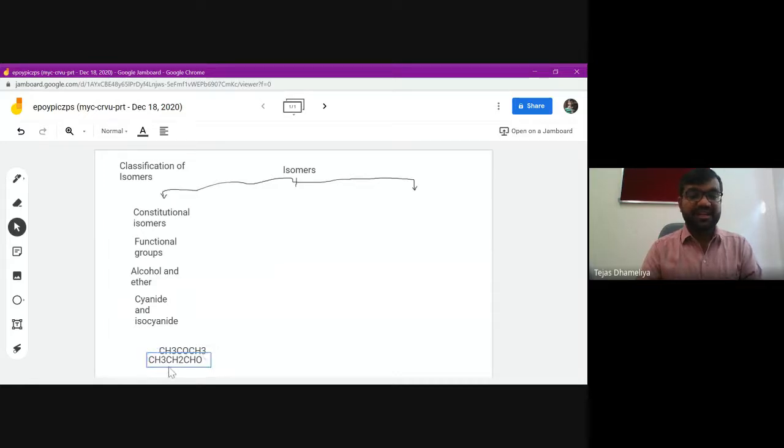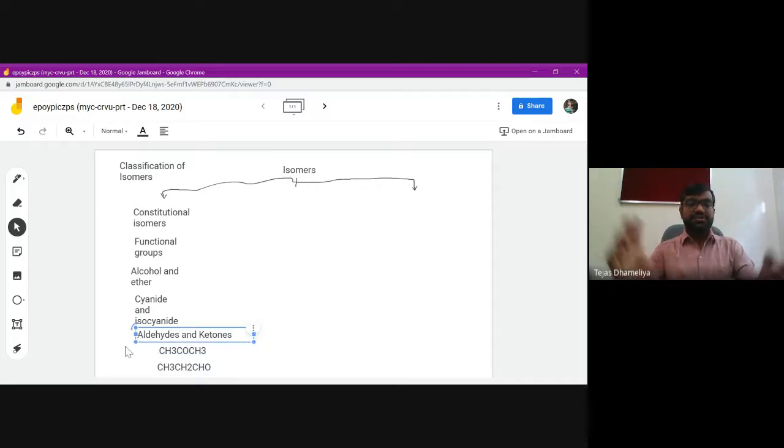It is a three-carbon ketone and a three-carbon aldehyde. Aldehydes and ketones are also functional group isomers, so they are also called constitutional isomers.